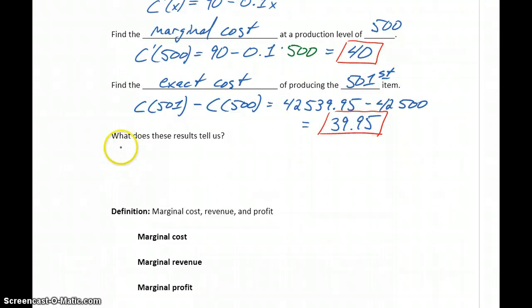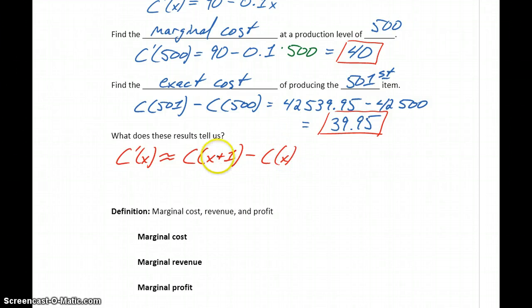So essentially what we could say is that C prime of x, that marginal cost function, is approximately equal to, so $40, $39.95, there's not much of a difference there, the cost of producing the x plus 1th item, so the 501st item, minus the cost of producing all the items that led up to that 501st item, whatever item number it is that we're considering.